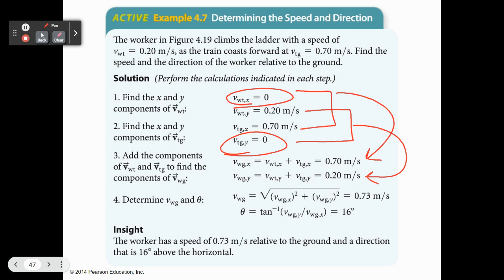Then we're going to square those numbers, take the square root, and that gives us 0.73. To find the angle, we do inverse tangent of the Y component over the X component, and that gives us 16 degrees. So once you get all of the components labeled correctly and figure out what's going where, we just use those same methods for adding and subtracting vectors that we had in the last section.